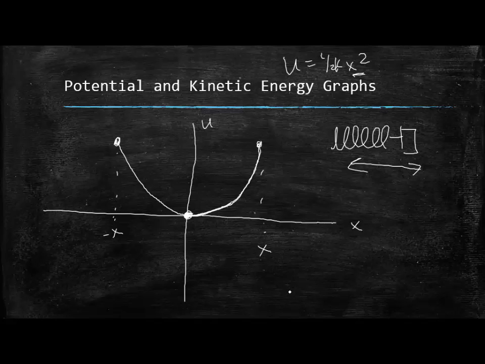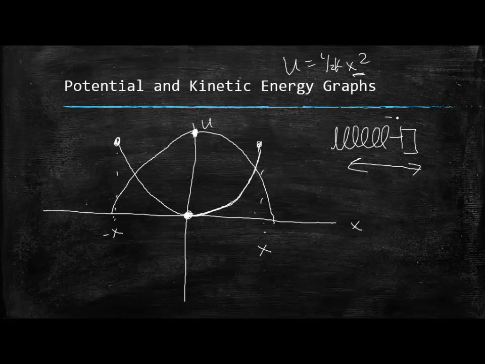Now, a kinetic energy graph, which we'll get into more in the next chapter when we talk about conservation of energy, is drawn the opposite. You have maximum kinetic energy when you are at equilibrium.